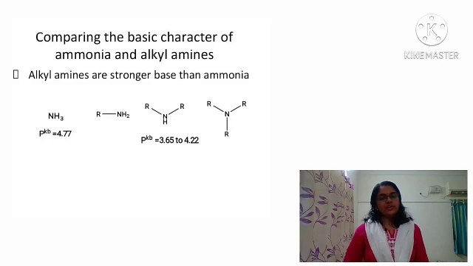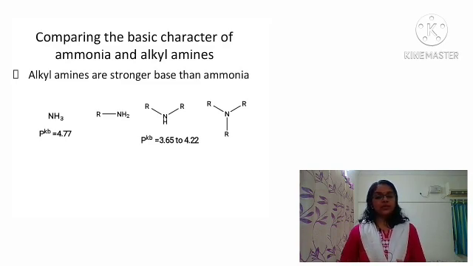Experimentally, when we find the pKb value of ammonia, it is found to be 4.77. But when we find the pKb value of alkyl amines, it comes in the range of 3.65 to 4.22. By comparing this, we find that the pKb value of alkyl amines is smaller.